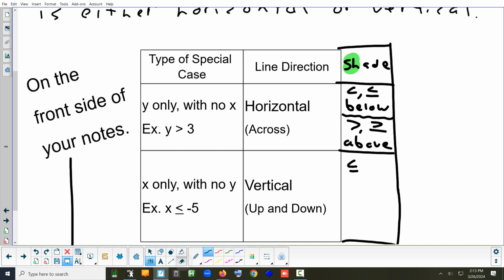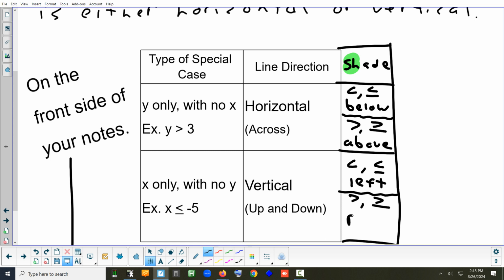If you have less than, you're going to shade the left side, the negative side. With a vertical line, you just go with the direction that it points. If it points to the left, you would shade to the left of the line. What if it pointed this way? Greater than or equal to. That would shade to the right.